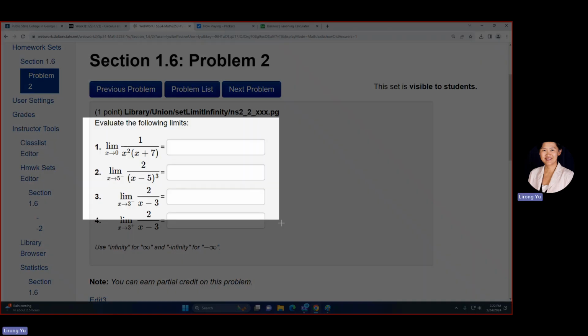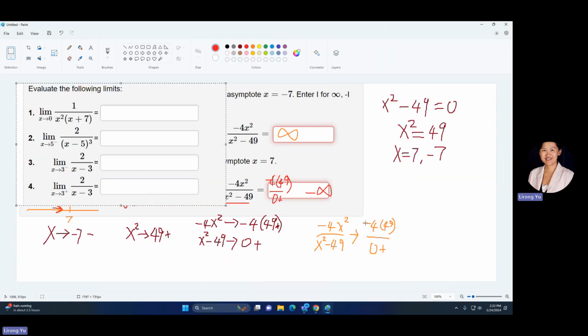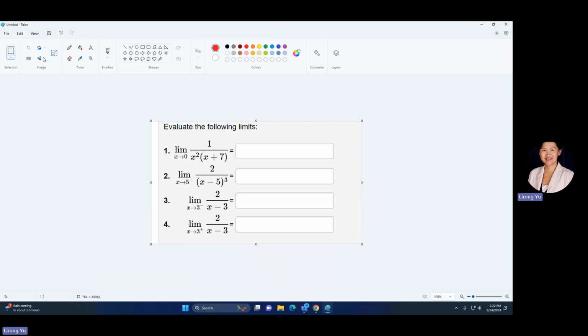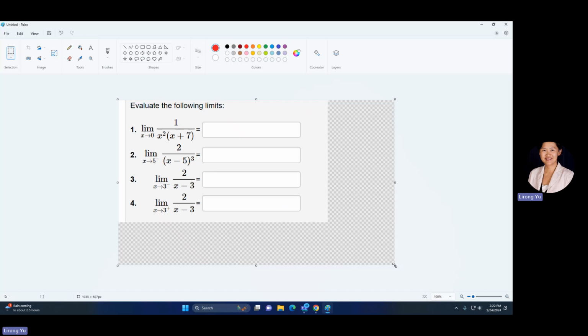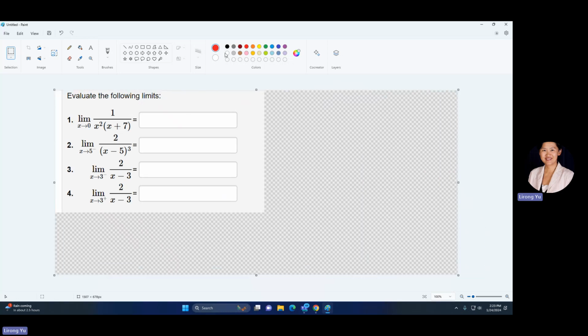I know graphing will probably provide a very quick solution, but that also means you know how to read the graph. Sometimes we're not confident about the graphing, and we don't get to do the graphing on the test. So I guess it's better we try to do it without a computerized graph.